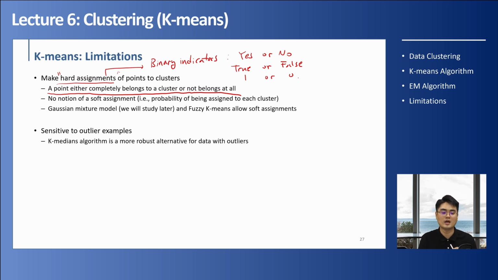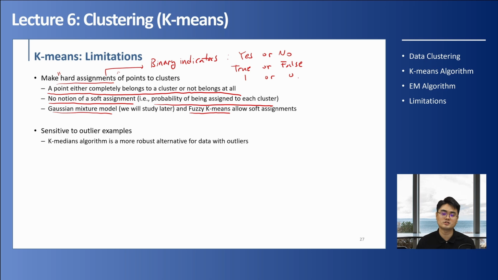That's how we are doing k-means clustering. Therefore, there's no notion of a soft assignment, something like a probability of being assigned to each cluster. Based on the fact that k-means clustering uses hard assignments, we can overcome these limitations by using a Gaussian mixture model or fuzzy k-means clustering, because these allow soft assignments.